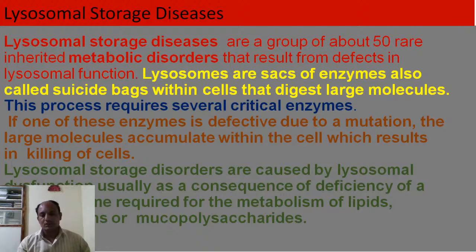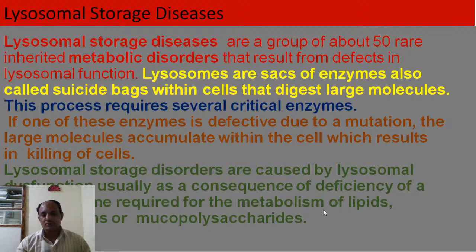These diseases are caused due to lysosomal dysfunction, which is the result of deficiency of a particular enzyme, because all these enzymes are required for the metabolism of lipids, and for the normal metabolism of glycoproteins. At the same time, they are required for the metabolism of mucopolysaccharides.